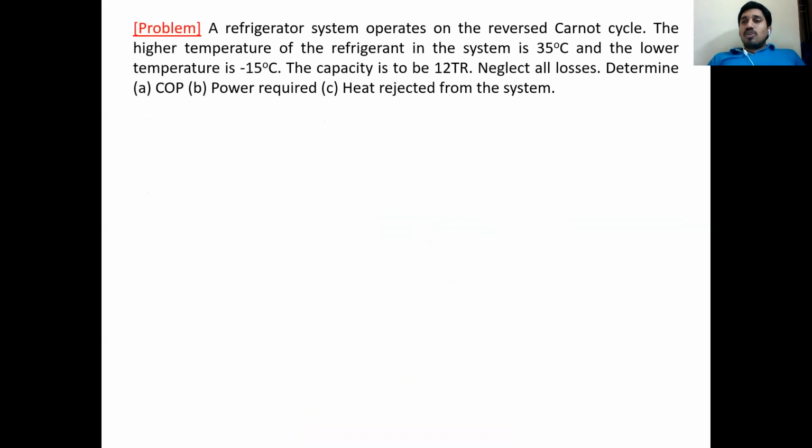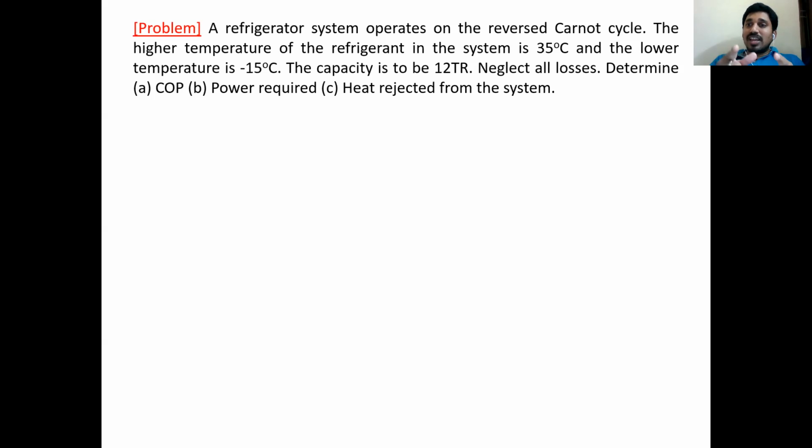Next, I am going to discuss a problem here. See, all of you, a refrigerator system operates on a reversed Carnot cycle. Read it carefully. Sometimes you will get a perfect refrigeration cycle. Don't get confused.